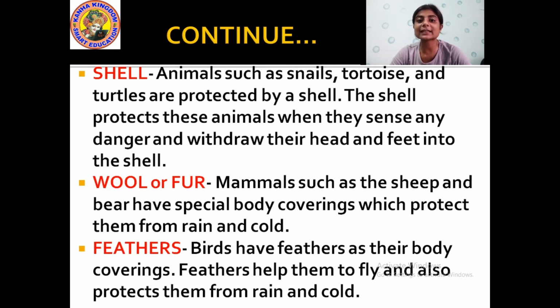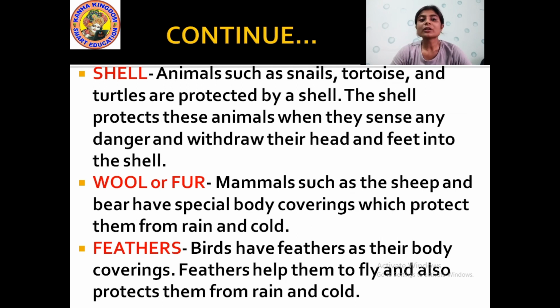That means they take their body inside into the shell so that they get protected from any kind of danger. Understood? And this shell not only protects them from the danger, but it also protects them from the heat, from the cold, rain.